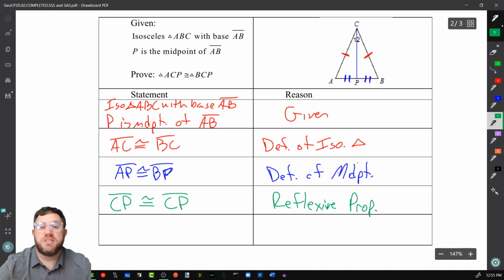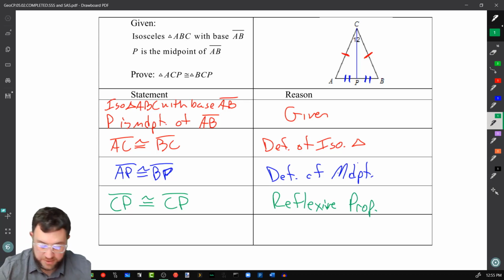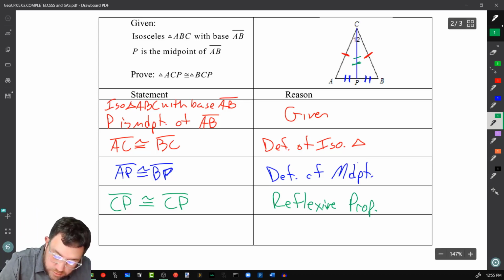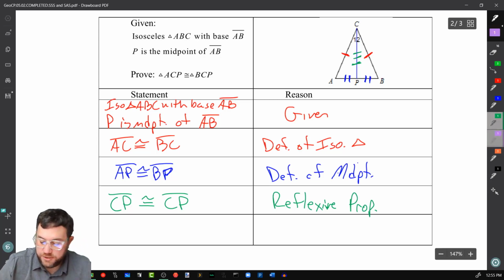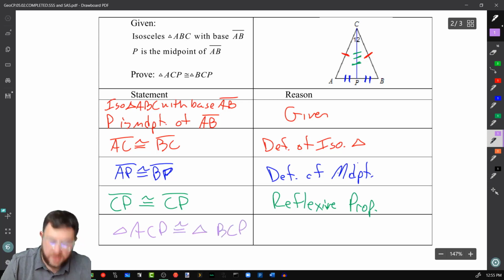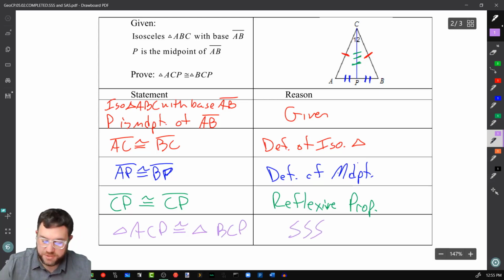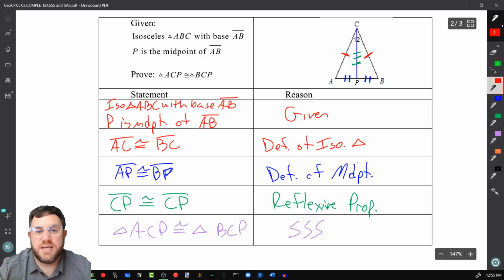Anything is congruent to itself, or you could say anything is equal to itself if you're dealing with equals. So now if we look at these two triangles, we have enough information to show that they are congruent because we have 3 pairs of corresponding congruent sides, which uses side, side, side.